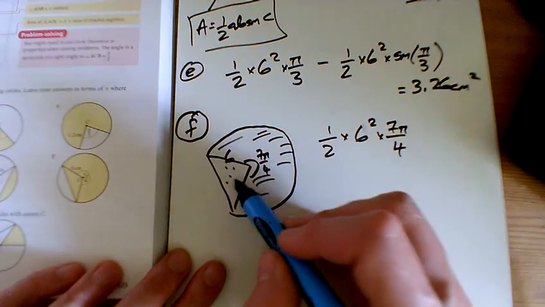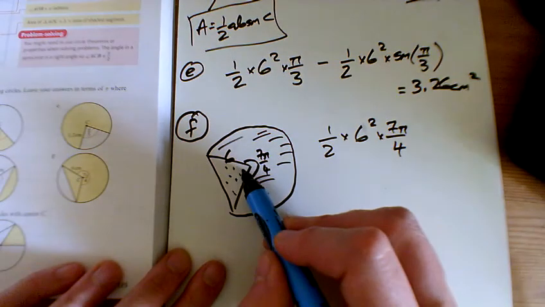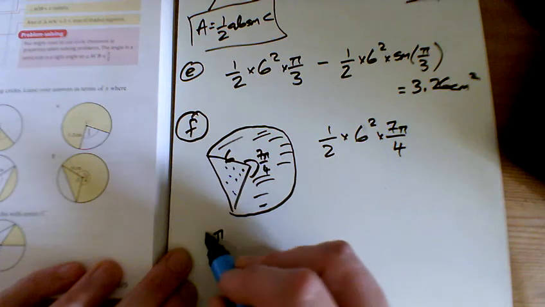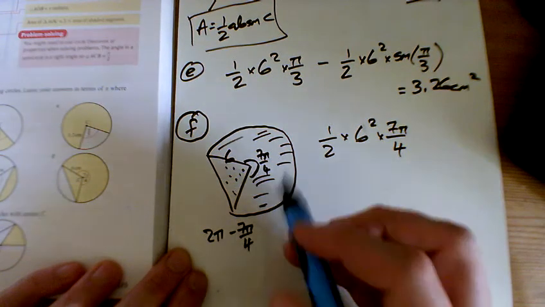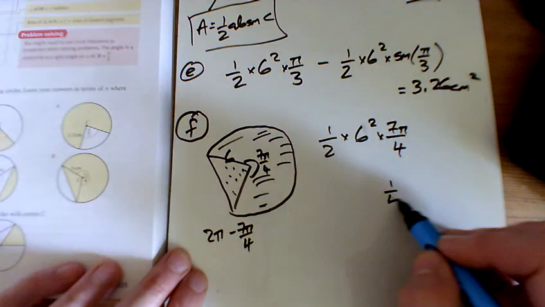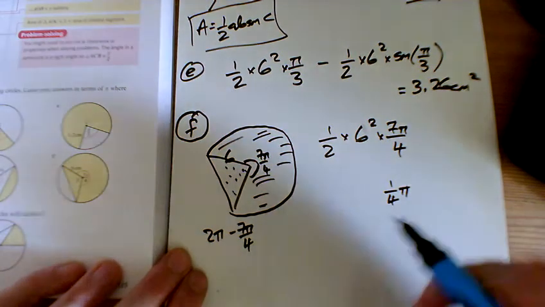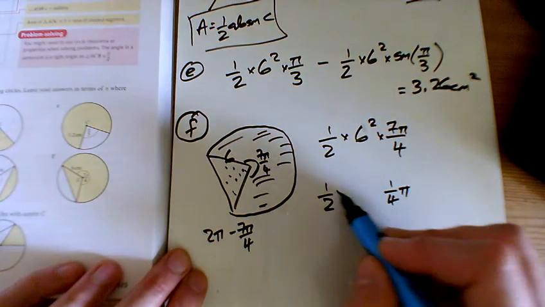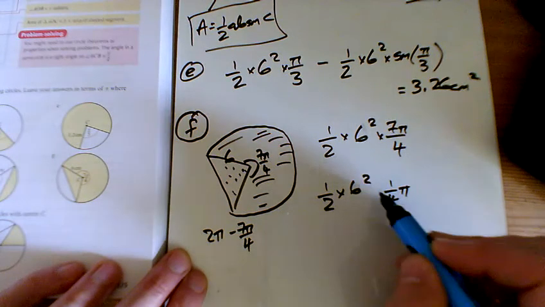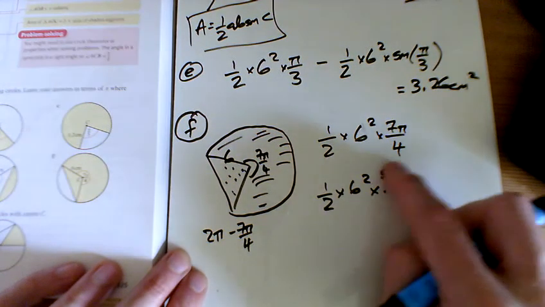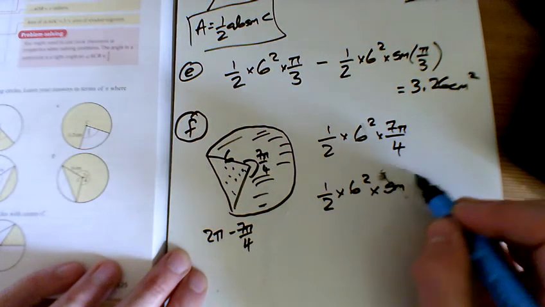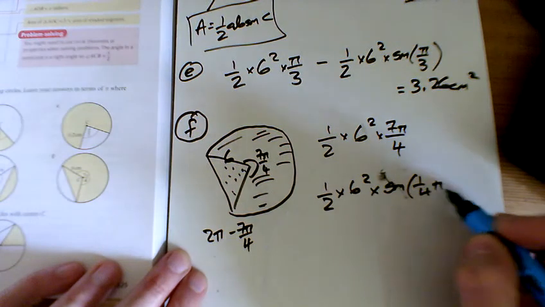Now the area of the triangle here, well, work out that angle there. That angle there is 360, or 2 pi, minus that. So that angle there is just a quarter pi. And so the area of this triangle is a half one side times the other times the sine of the angle between them.